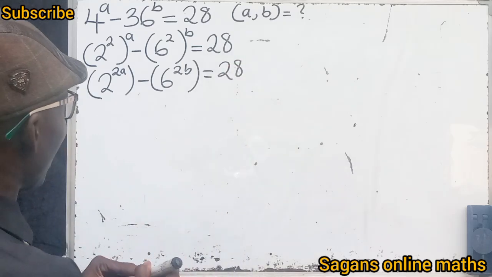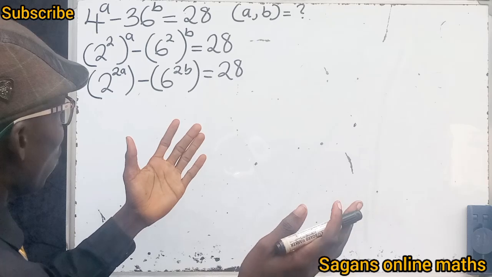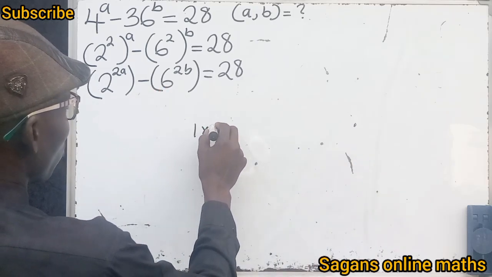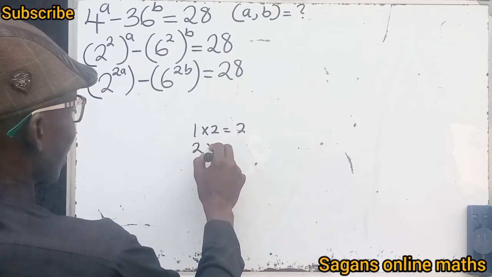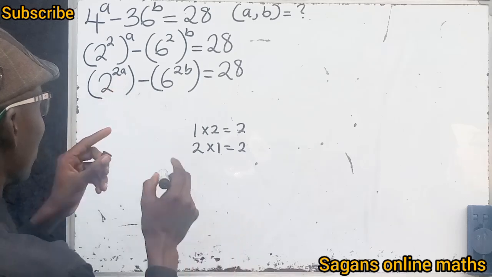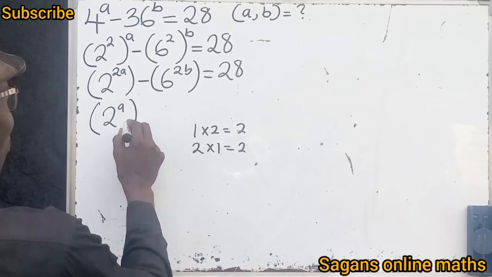Now look at the interesting thing we are going to do here. Do you know that we are not wrong? We know that 1 times 2 is equal to 2, and again 2 times 1 is equal to 2. So we are not wrong if we decide to write this as 2 raised to the power of a, all raised to the power of 2.